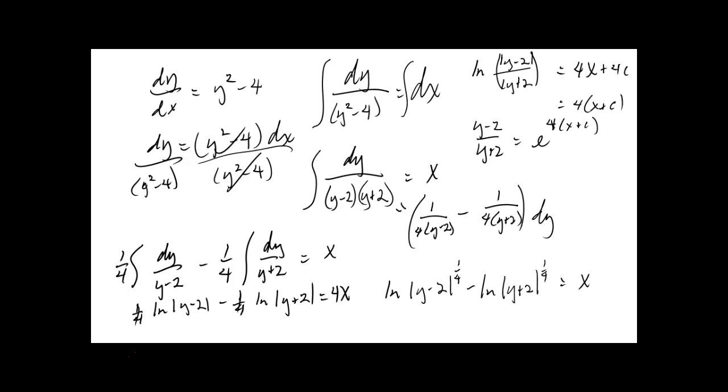Now, what we could do here is use a rule of exponents. And I think you know this one, don't you? That's the same as e to the 4 times e to the x plus c.